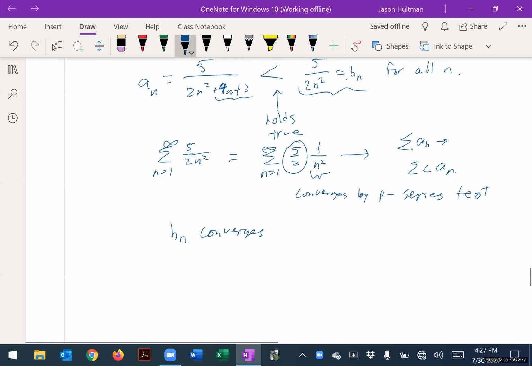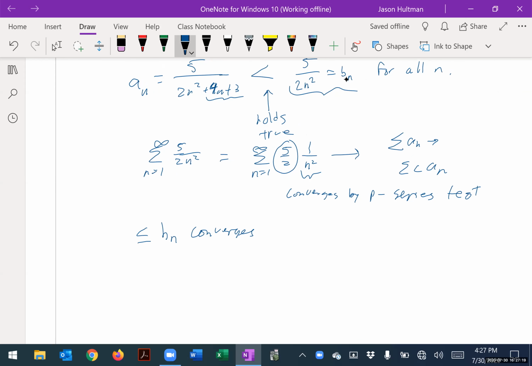But what do I know? I know that a sub n is always less than b sub n. We just showed that it's always less than b sub n, right? If b sub n is always bigger and it converges, and a sub n is always smaller, then what does a sub n have to do by the comparison test?